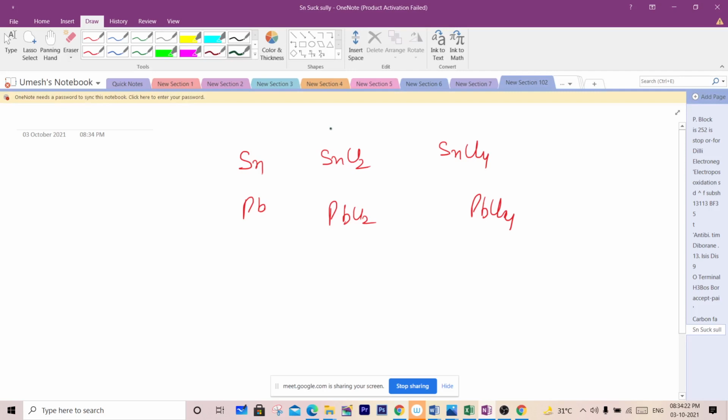Now, the +2 state is more stable than the +4 state.